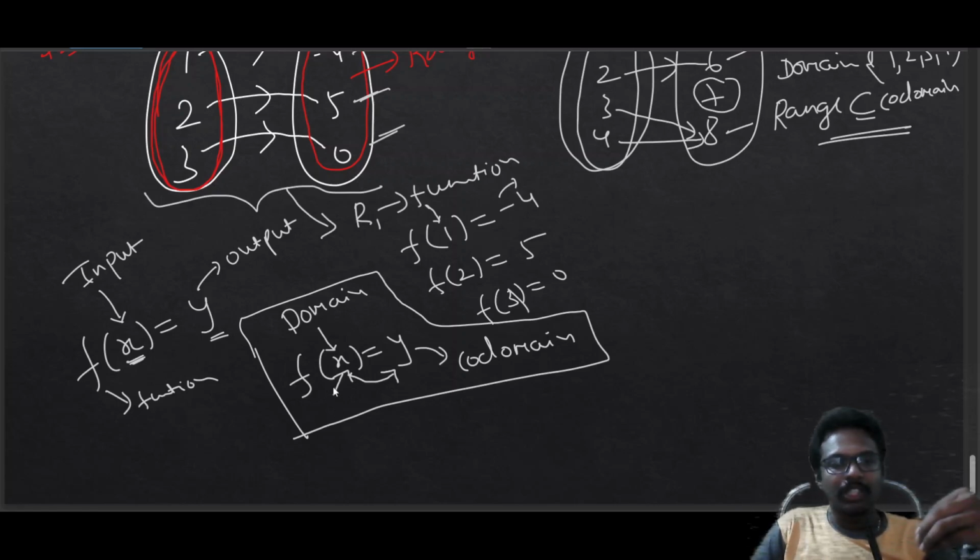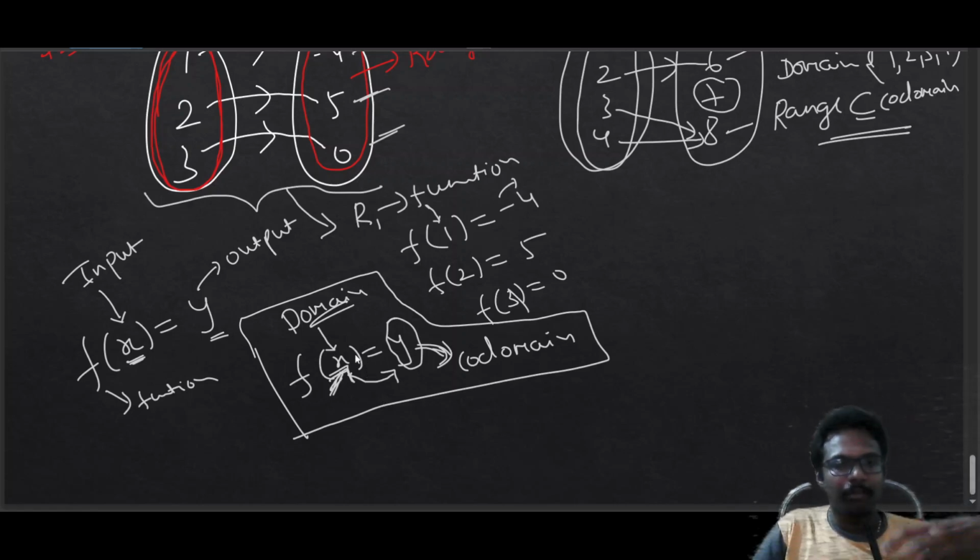For that input we take values from the domain, and we get output values which are in the codomain. Whenever they ask to find the domain, we have to focus on this x value. Whenever they ask about codomain or range, we have to focus on this y value.